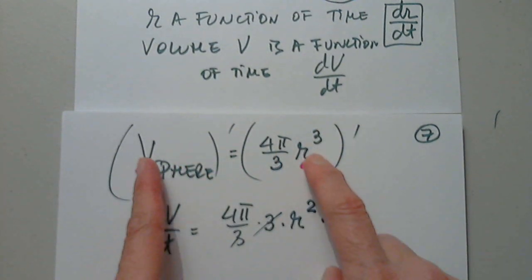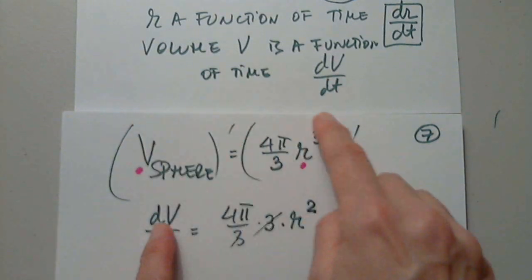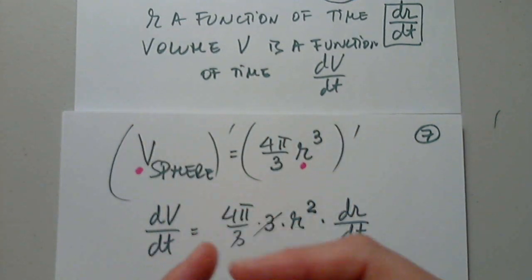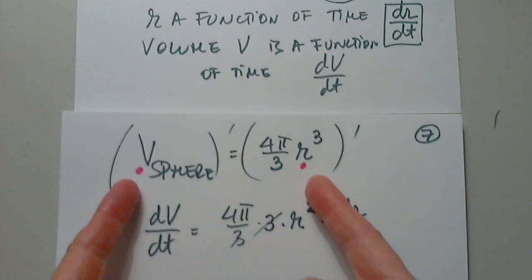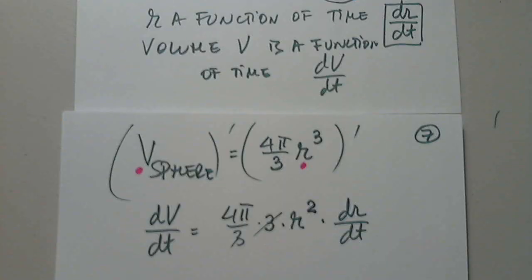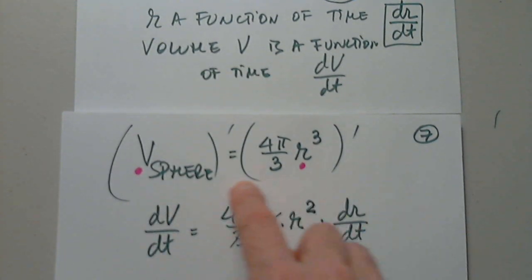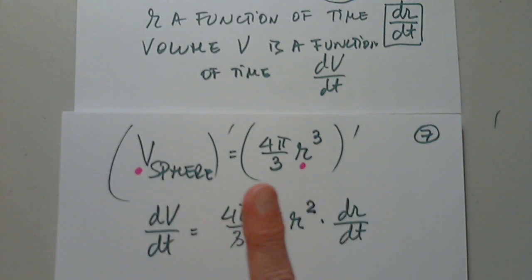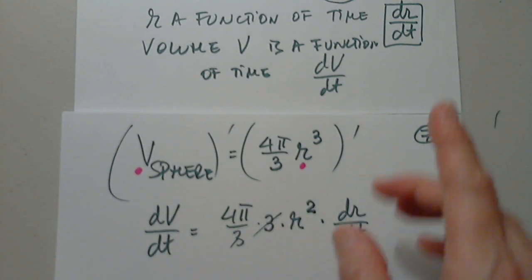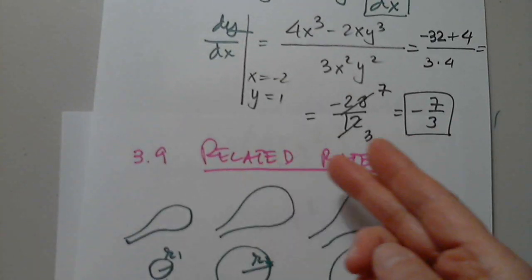These two functions are related or are in the same equation. So there is a relationship between them. Also their rates of change are related by this equation. So when this changes, this changes. So that's what related rates mean.